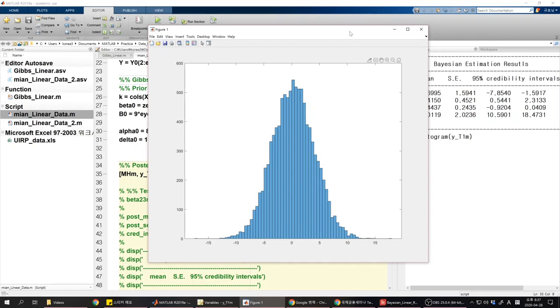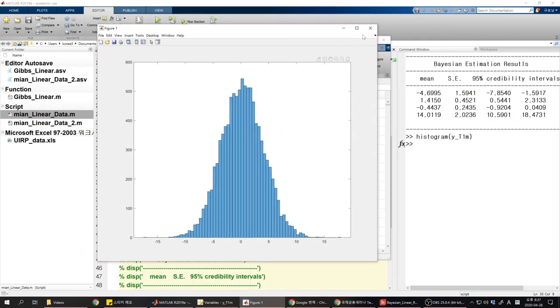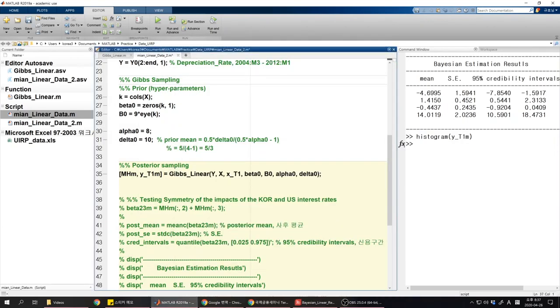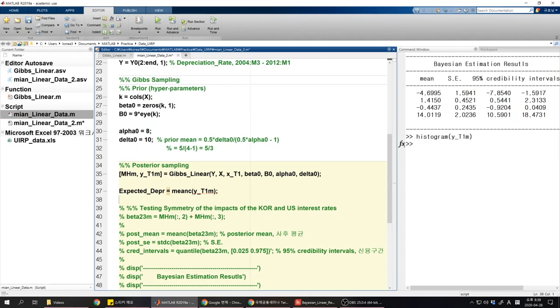Again, let me take the expected value. The expected depreciation rate is just the mean of y_cap_t1m.